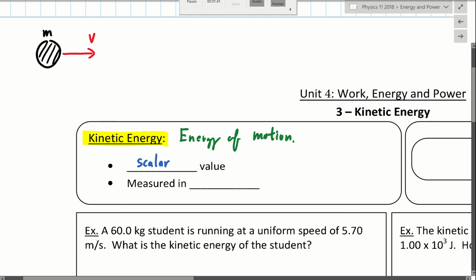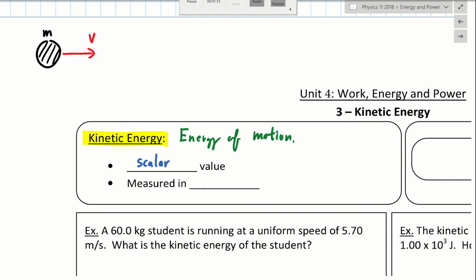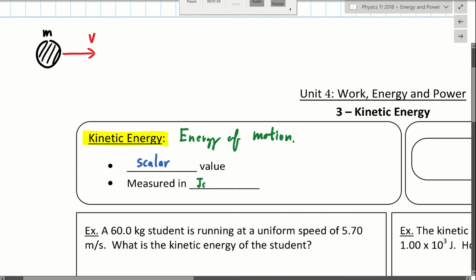If someone asks you how much the book is, you won't say negative $30, because either you pay me $30 or you don't. There's no negative in it. So kinetic energy is a scalar quantity, and regardless of the direction of the object, as long as you're moving, you have kinetic energy. And of course, it's also measured in joules, just like every single energy component that we have.